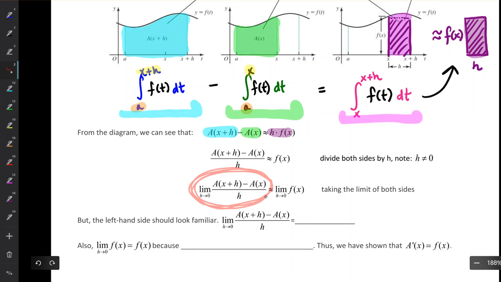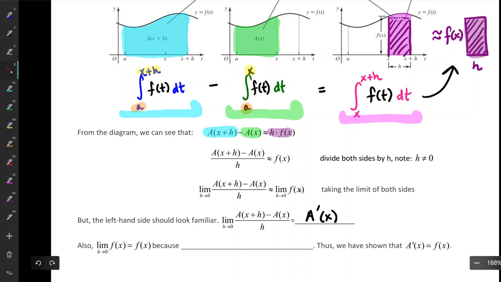I want you to pause the video and think about what that's the limit of. It's the limit of rise over run as run goes to 0. On what function? The A function, the area so far function. So that is just A prime of x.